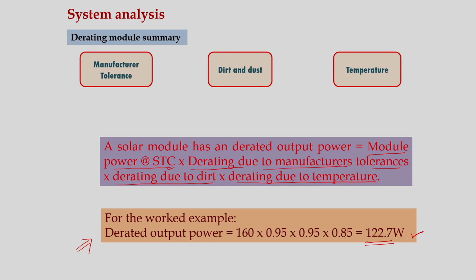You just see we have initiated with 160 watt peak. Now, considering 3 derating factors, manufacturer tolerances, dirt and temperature, this 160 reduces to 122.71. You can see this is a significant reduction of power output.